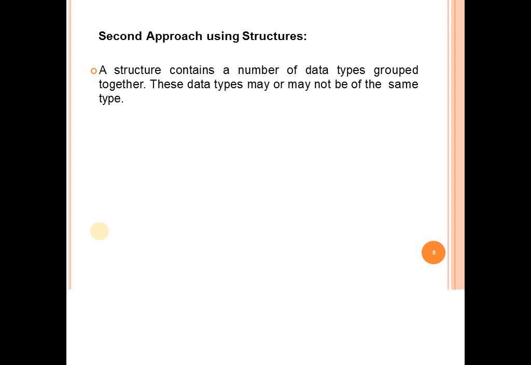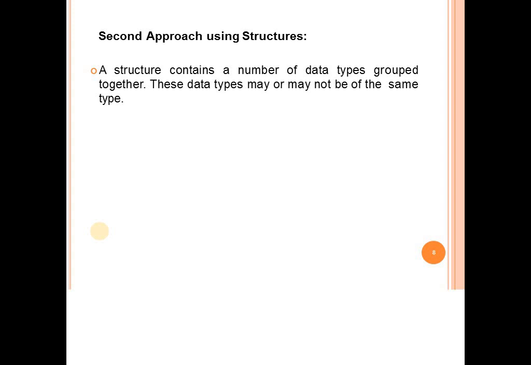Now instead of that, if I take the example for structure, just take the example of your college bag. What happens in your college bag? You can put pencils, pens, notebooks, books, even your bus pass, your mobile, memory bank, like this. These are different types of data that you are carrying together in a single college bag.